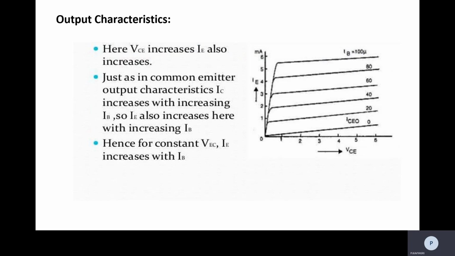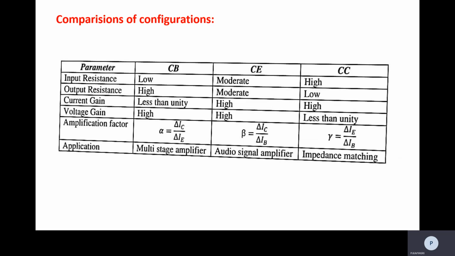Now we will see the output characteristics. Output characteristics means the graph drawn between the output voltage and output current. So here I am drawing the graph between IE and VCE for different values of IB. So these are the output characteristics of a CC configuration, common collector configuration.